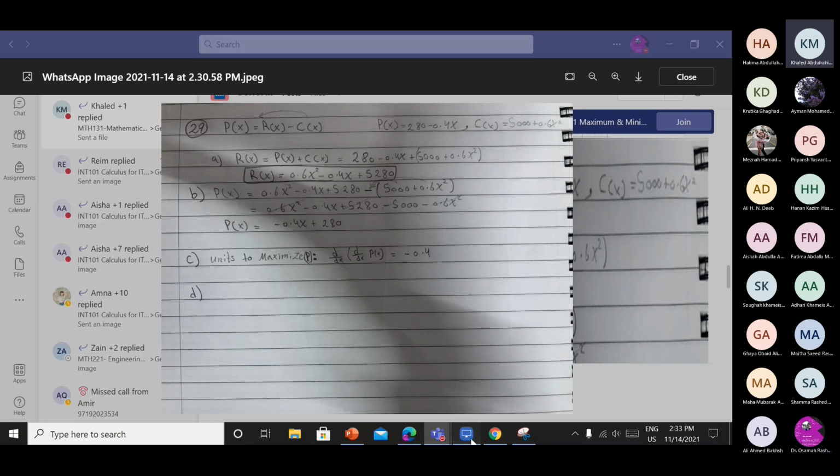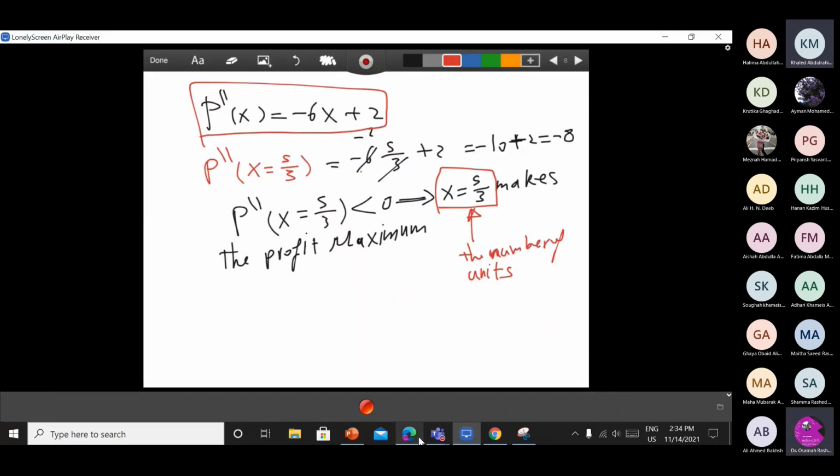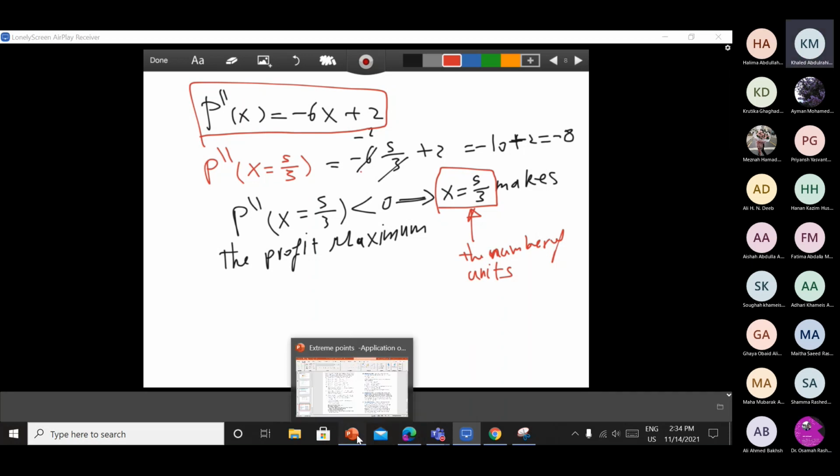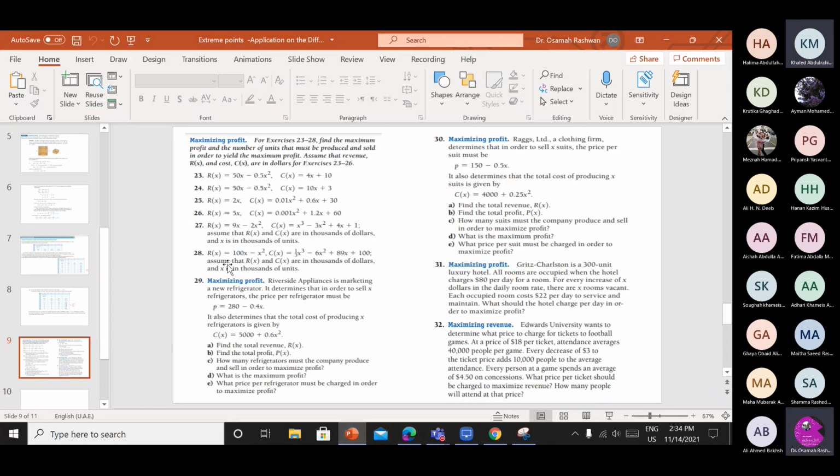The price, you mean? The profit. 29, maximum profit. Revised appliance is making a new refrigerator. It determines that in order to sell x refrigerators, the price per refrigerator must be this one. Yeah, P is the price, not the profit.